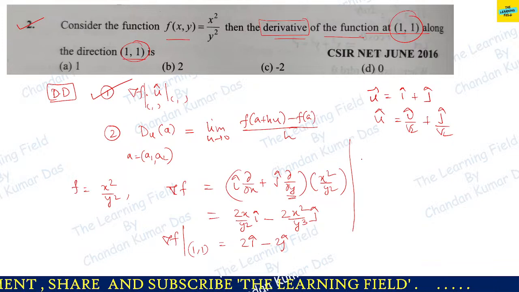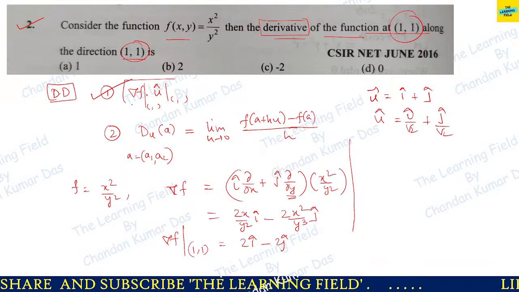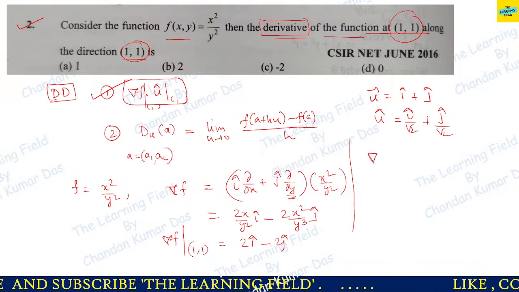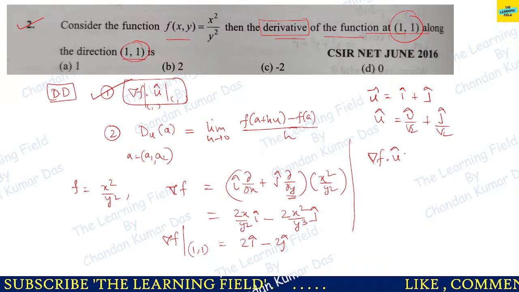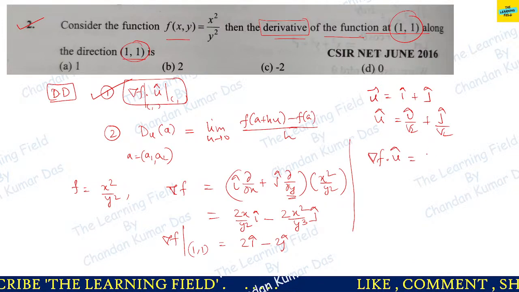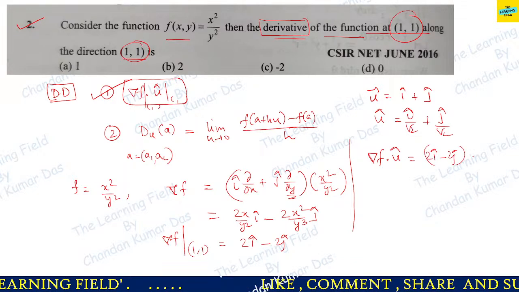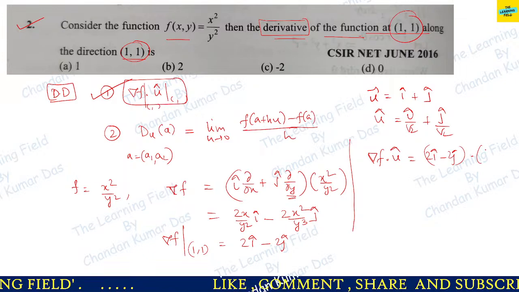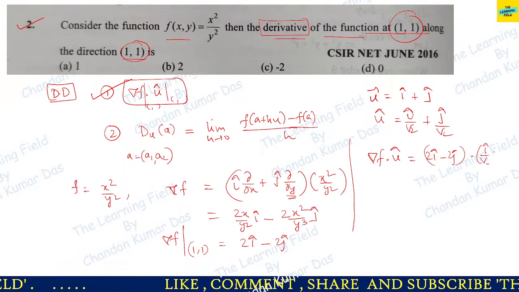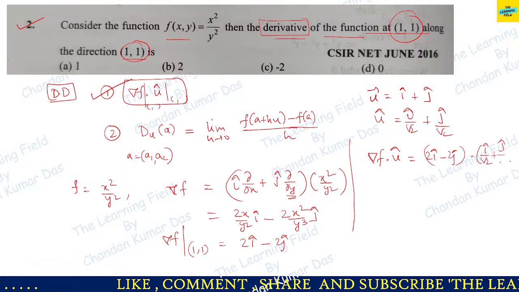Now we have to calculate grad f dot u, which is equal to 2i minus 2j dot i by root 2 plus j by root 2.